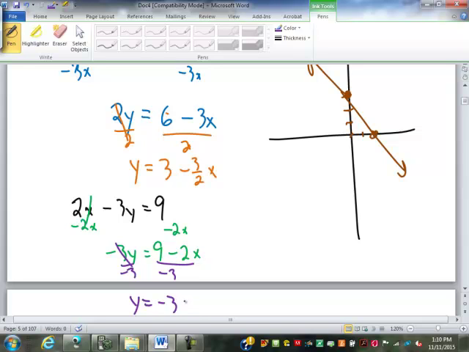Negative 2x divided by negative 3 is a positive 2/3 x. So that one's going to start at negative 3, the negative 3 in front, and from there it's going to go up or down? Up 2 over 3. What y'all think? Doable?